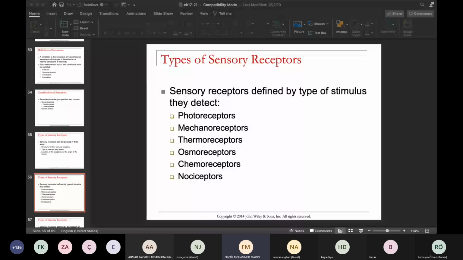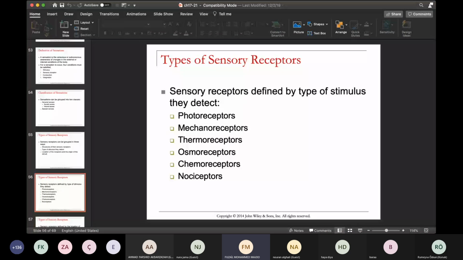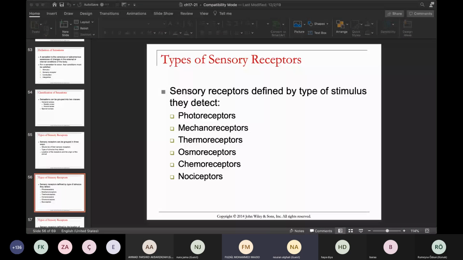The last one is nociceptors. Let's see, maybe Adna. Who's Adna? Adna? Yes, sir. What do you think nociceptors do? Do they detect neurons? No. Can I answer, teacher?